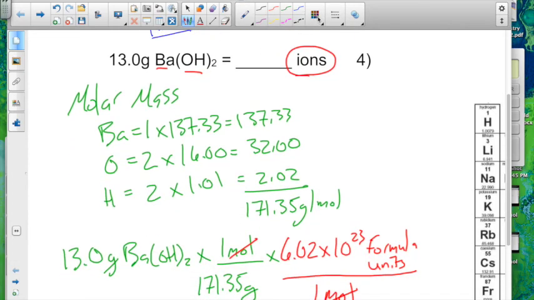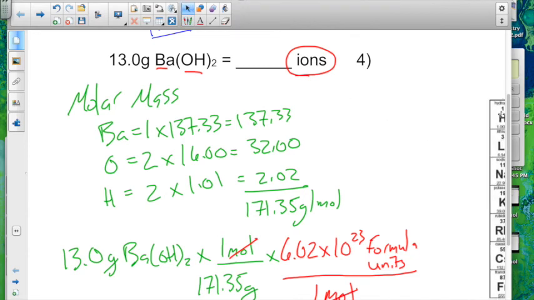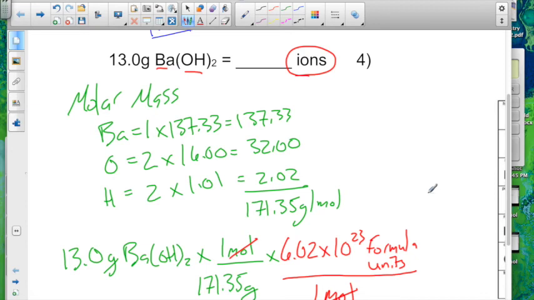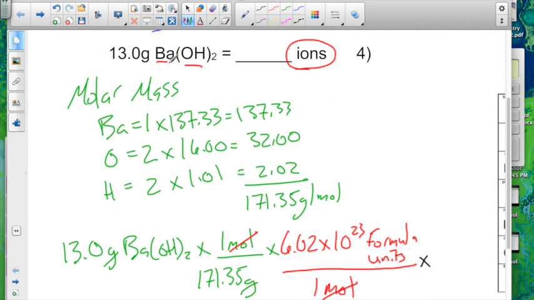So we'll do this one in black. And let's get rid of our periodic table here. So now we want to know, hey, how many ions are there in one formula unit of barium hydroxide? Because there's one barium and there's two hydroxides when you think about it like this.